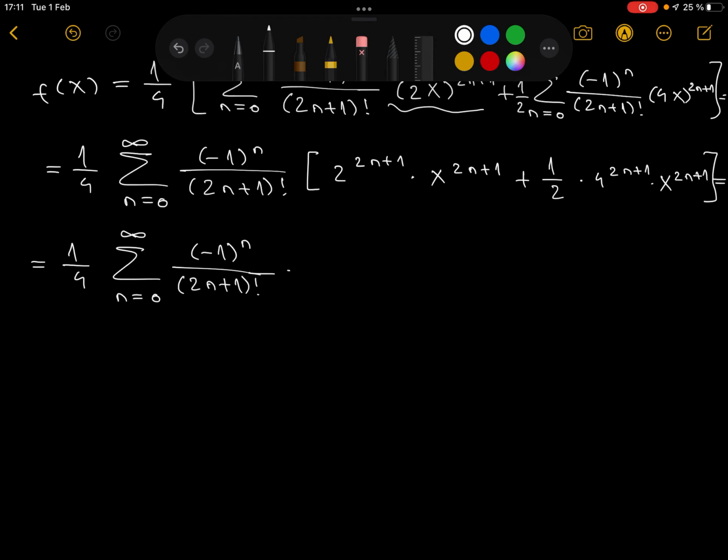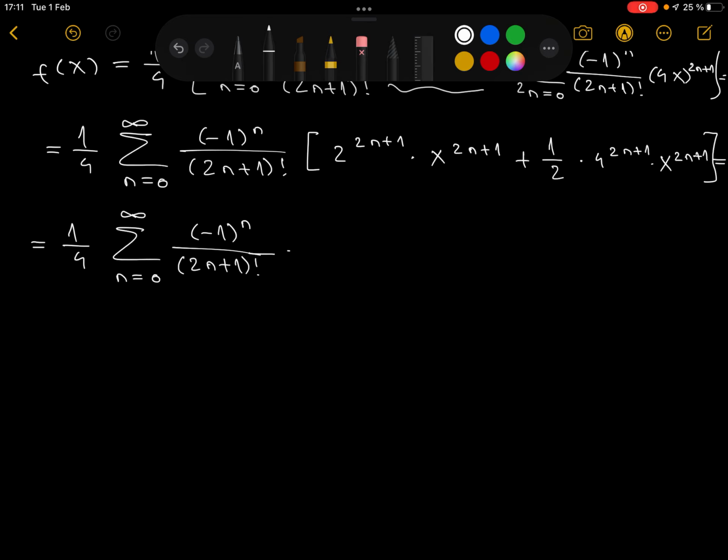And now I'm just going to rewrite these twos. Now, this here, 2 to the power of 2n plus 1, can be rewritten as 2 times 4 to the nth power, plus 4 to the power of 2n plus 1 can be written as 4 to the power of 2n, or 16 to the power of n, times 4, but we have this 1/2 right here, plus 2 times 16 to the nth power, and of course times x to the 2n plus 1 power.